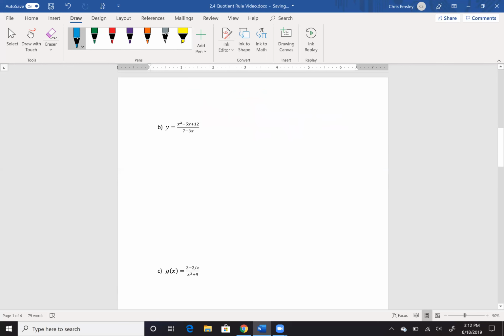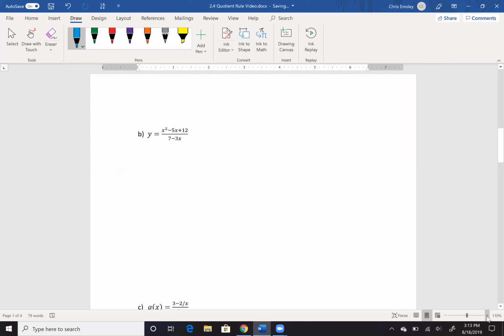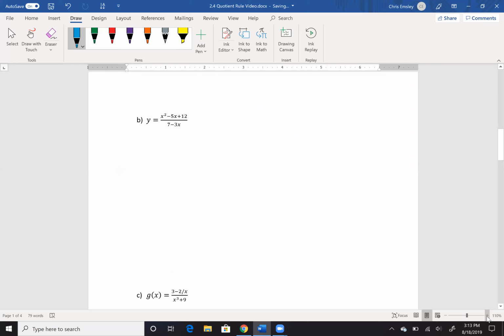Okay, let's try another one. I'm going to zoom out just a little bit, make that a little bigger. There we go. So here again, we have a function in the top and a function in the bottom. To find that derivative, dy dx, we're going to have to apply the quotient rule.